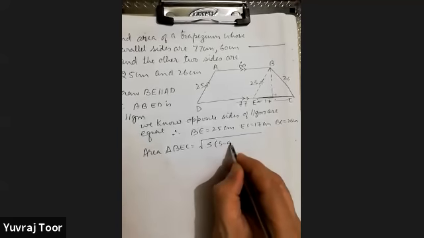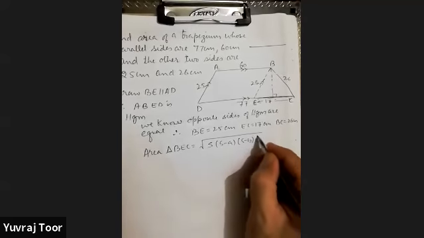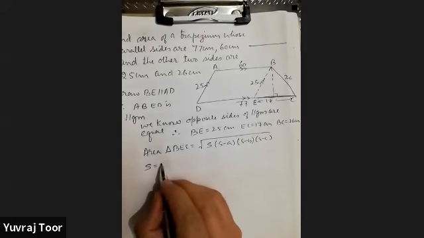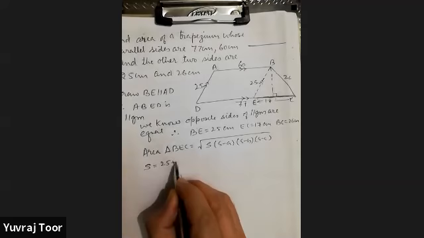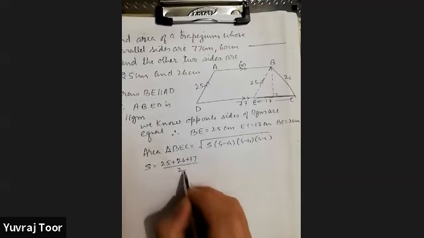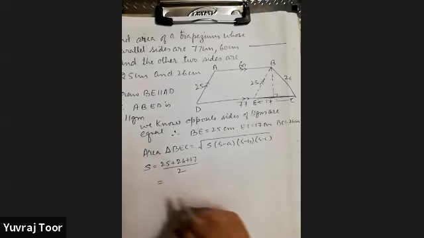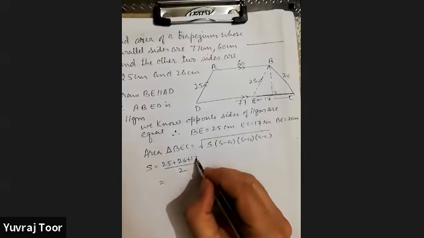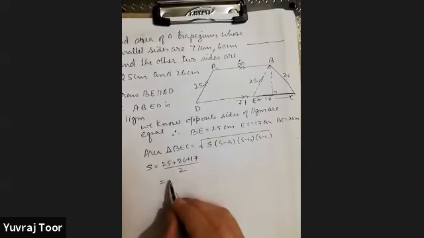S minus A, S minus B, S minus C, where S is 25 plus 26 plus 17 by 2, and this is 34.